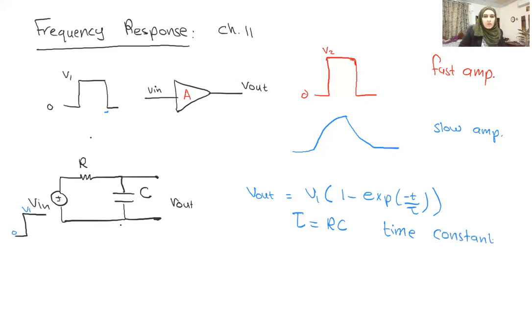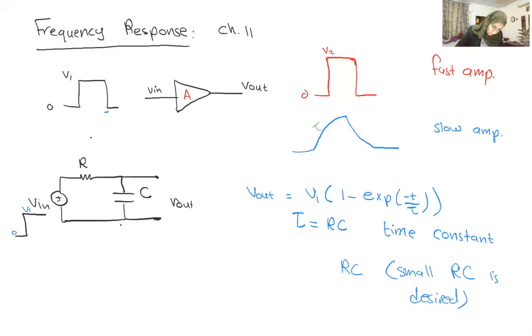Depending on the value of this time constant, this rising time is going to change. Once you have, let's say, a small RC, which is typically desired, our output is going to follow the input in a faster way.